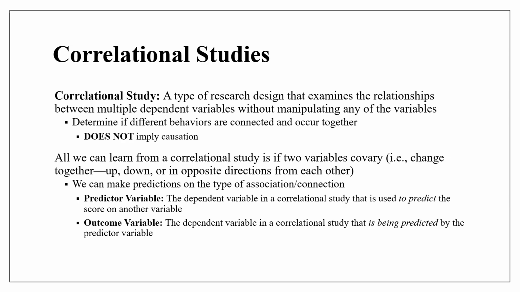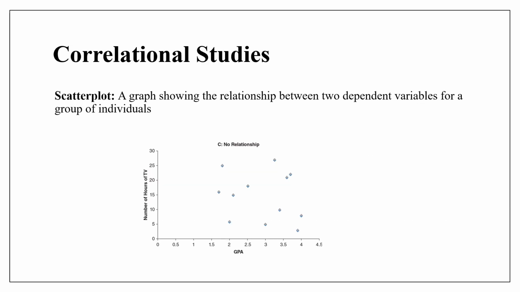Here we have a slide that is showing a scatter plot. This is a graph that shows a relationship between two dependent variables for a group of individuals. We're going to talk first about how to quickly read this graph, and then we're going to see the different types of relationships that these variables can have, assuming that we get some specific kind of findings.